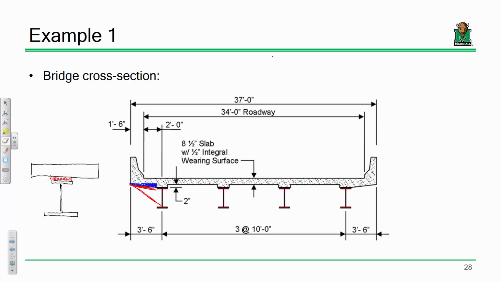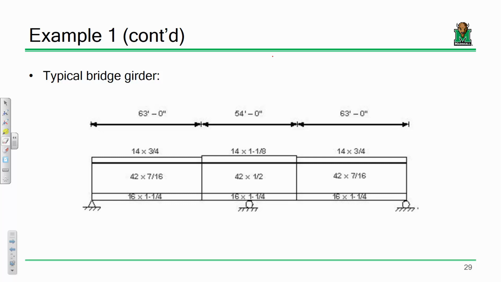Okay. Now, by now you all know the secret weapon of structural engineering is a samurai sword, or a lightsaber if you're a sci-fi fan. Now, this girder is split up. If you look at the girder along the spans, there are different sizes of the girders around the pier than in the main body of the span.